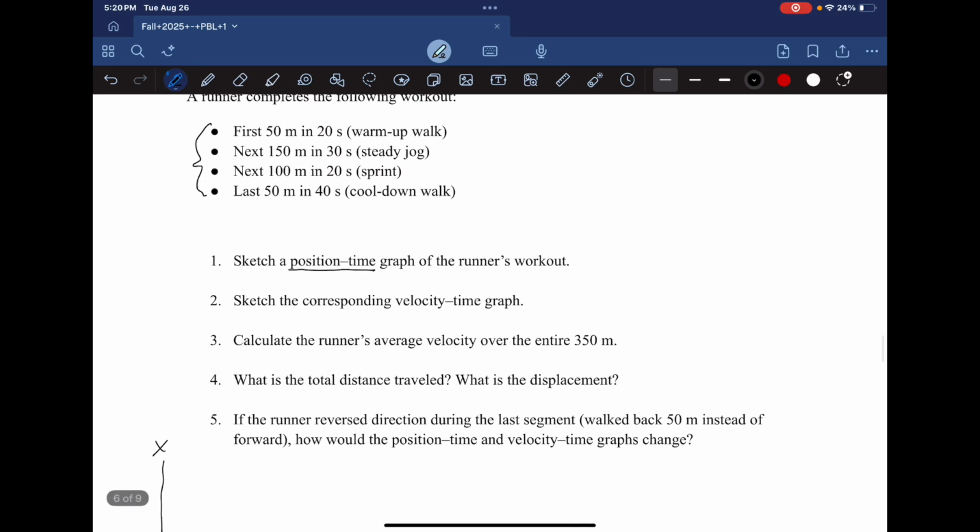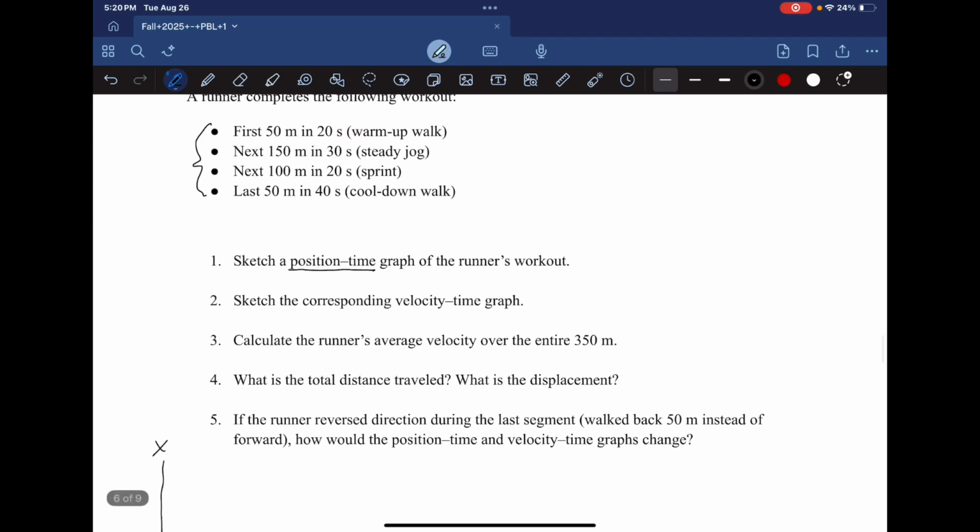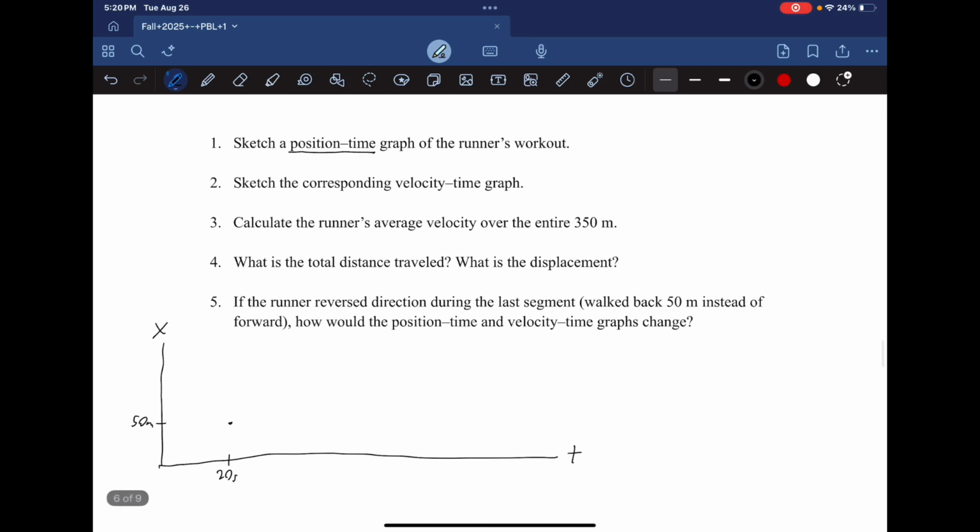So first, he moves 50 meters in 20 seconds. So I'm going to put a point here at 20 seconds on the time axis, and a point at 50 meters. Point there. Next, he moves another 150 meters, so he's moved a total of 200 meters in 30 seconds.